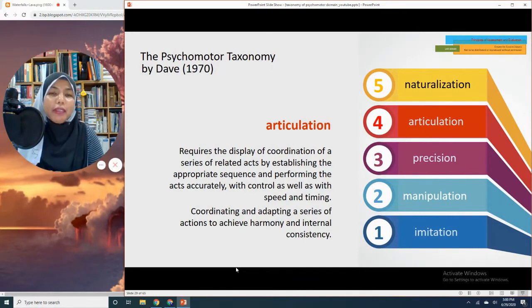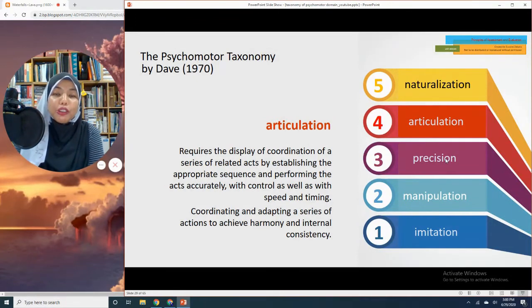For example, when you go for your practicum attachment, when you do your micro teaching, usually you are here in precision. And if things somehow go awry or do not go the way you have planned in your lesson plan, if you are at precision level, then you will have difficulty handling the situation.